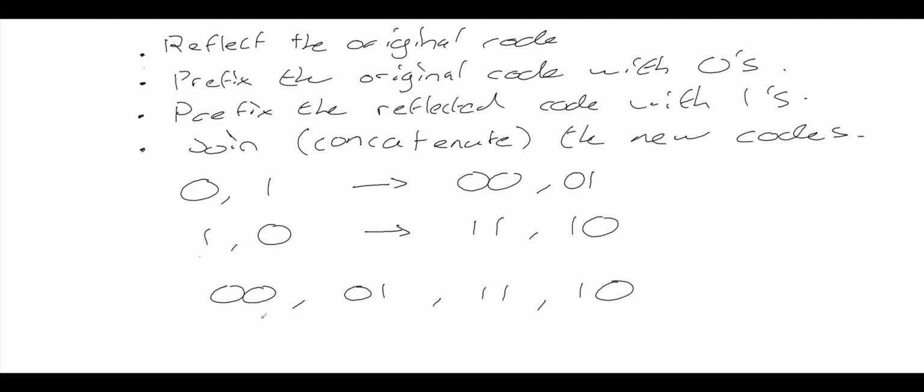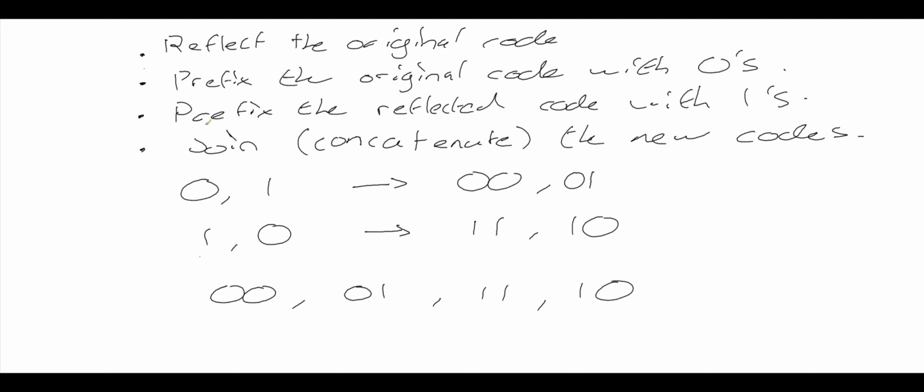And you can see that it is a valid grey code because each bit pattern only differs by 1 bit from the last. And to generate grey codes of increasing numbers of bits, all you do is apply the same method again to your previous grey code.